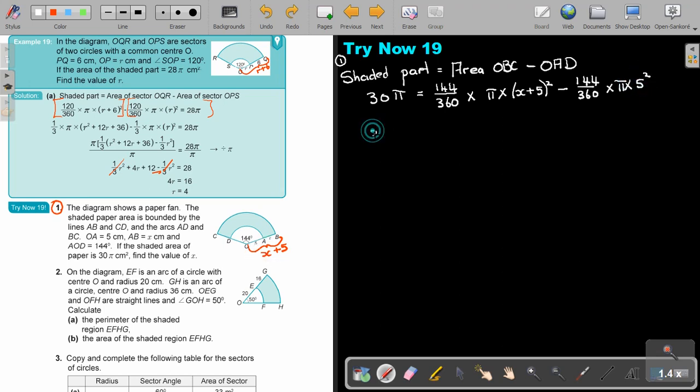I simplify: 30 pi equals 144 over 360 multiplied by pi, and I'm going to put this in a bracket. So x times x is x squared, plus x times 5 times 2 is 10x, plus 25.